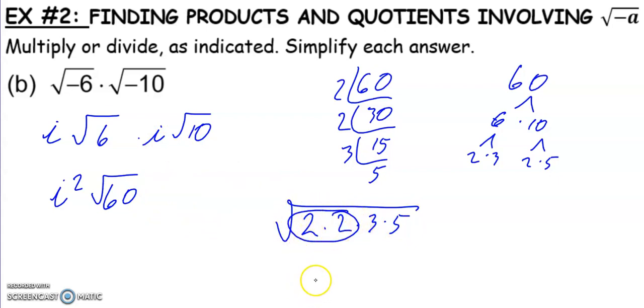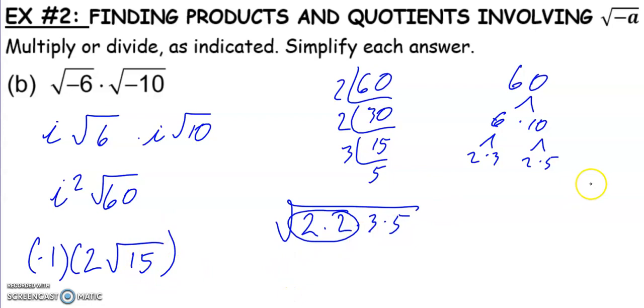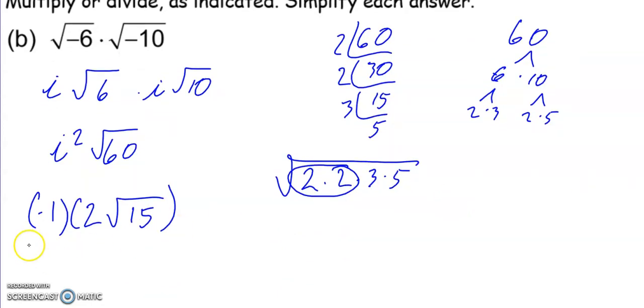Right here, I've got a group. These numbers are the same. i squared is negative 1, so that comes outside of the radical. And the 3 times 5, neither of those has a partner, so they stay inside. And my final answer is negative 2 radical 15. Boom. That's been simplified.